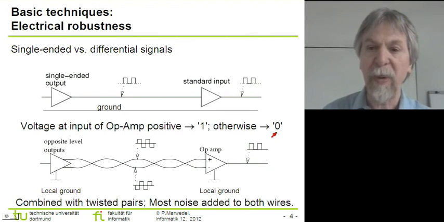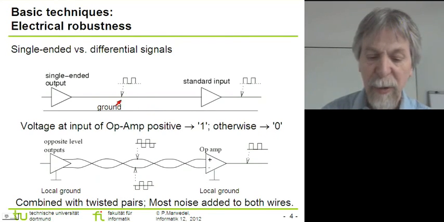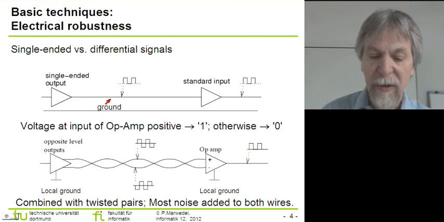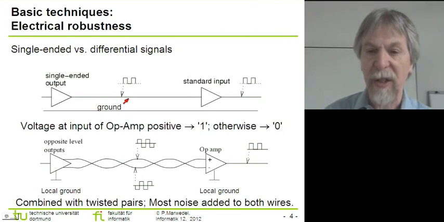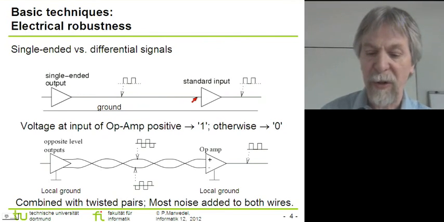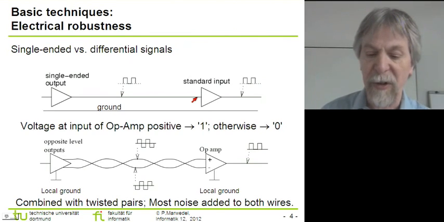However, there's a problem with such electrical circuit, because if we have, for example, a very long cable over here, the signal will get attenuated, and as a result, we will not have the full voltage over here at the input, and this may lead to the question whether a certain intermediate voltage corresponds to a logical 1 or a 0.